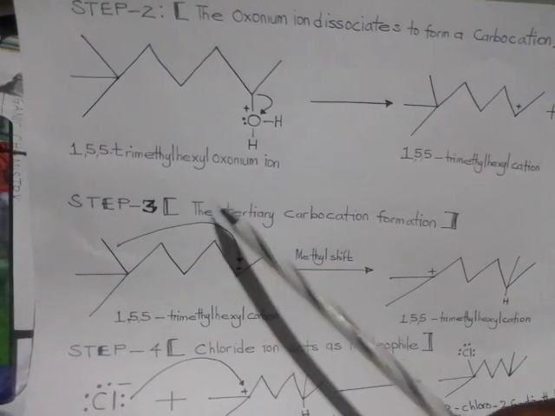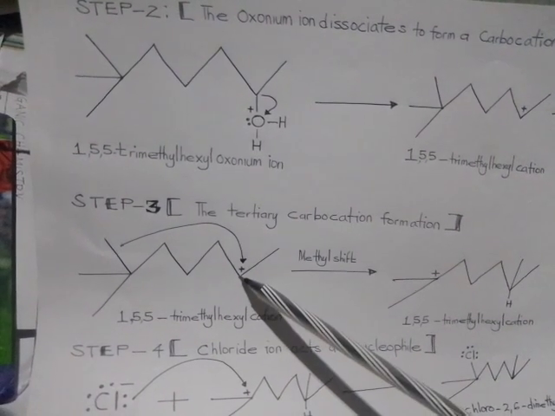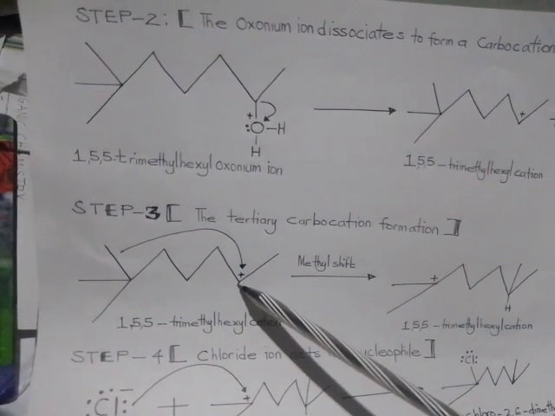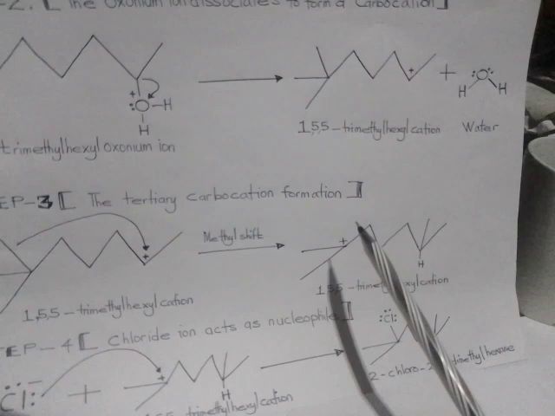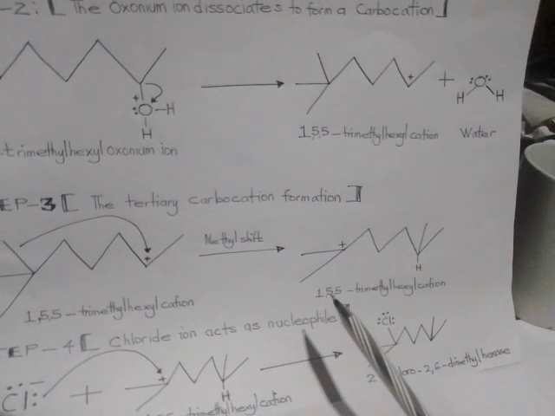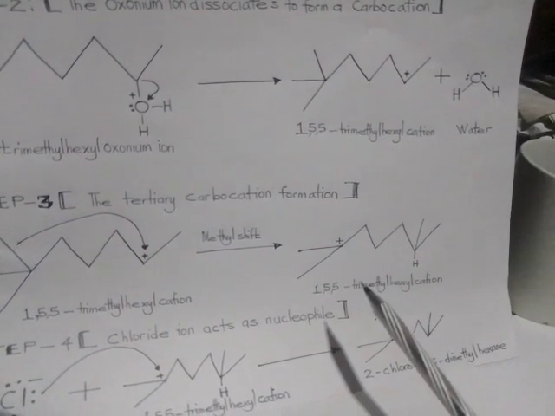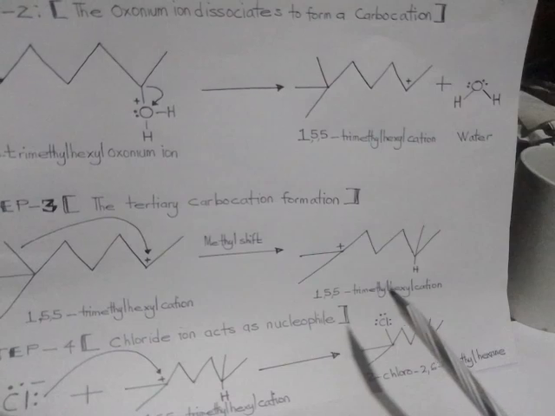So if we attach the methyl group here, this carbon now has a net charge of 0. Now we have shifted it. See how it looks in the product. This is 1,5,5 trimethyl hexyl cation.